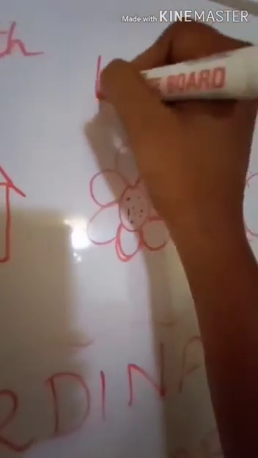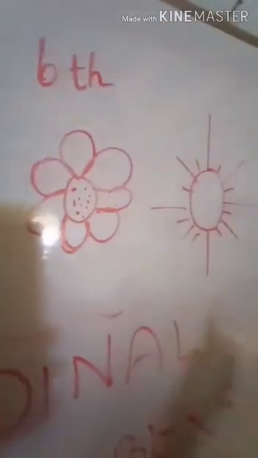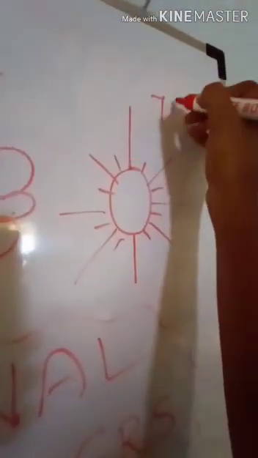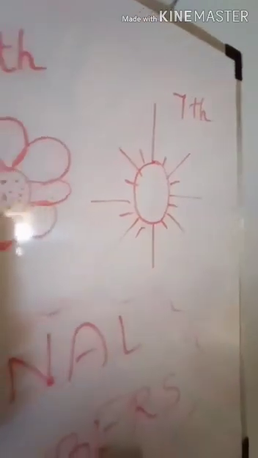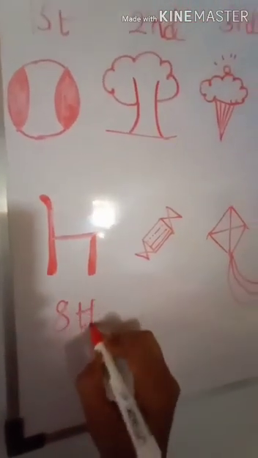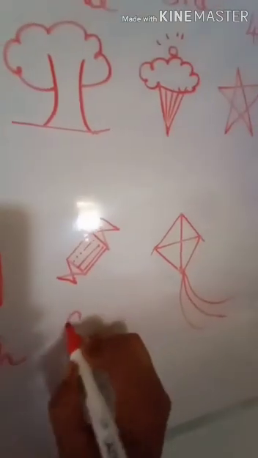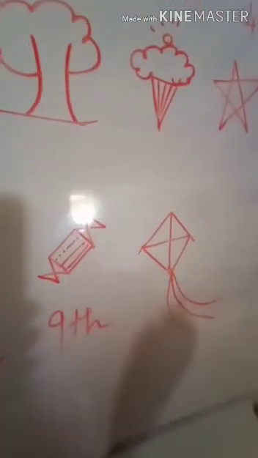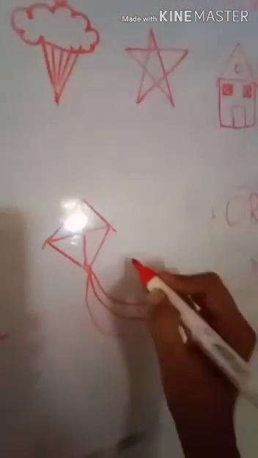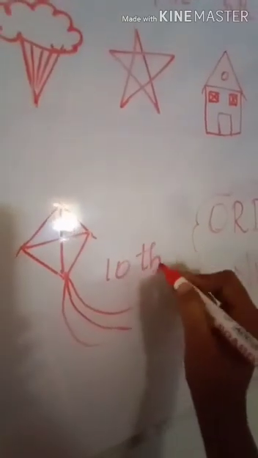Flower is in the sixth place. Sun is in the seventh place. And chair is in the eighth place. Chocolate is in the ninth place. And last, kite is in the 10th place.